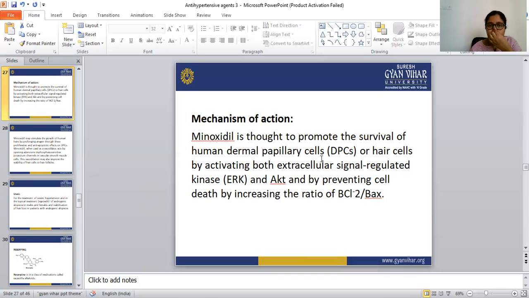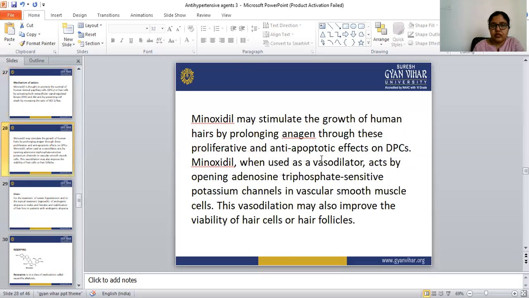Minoxidil is thought to promote the survival of human dermal papillary cells by activating both extracellular signal regulated kinase and AKT, and by preventing cell death by increasing the ratio of BCL to BAX.